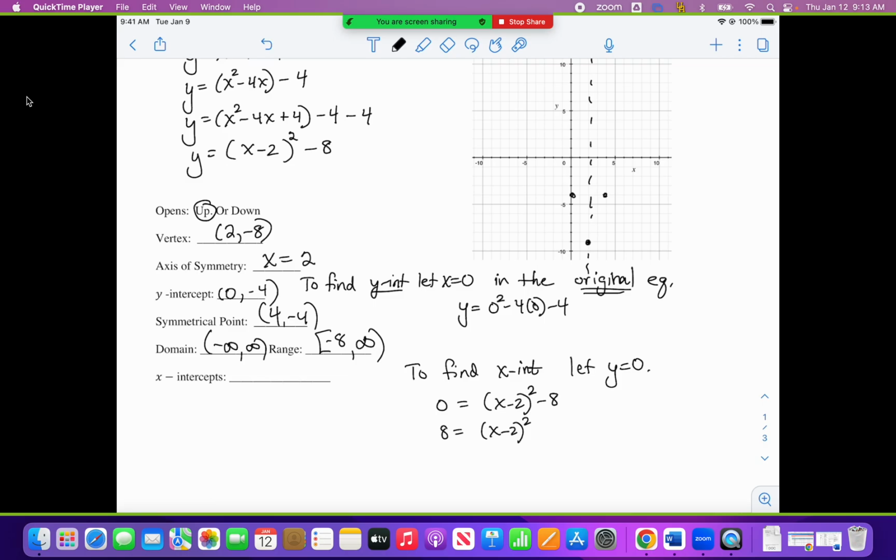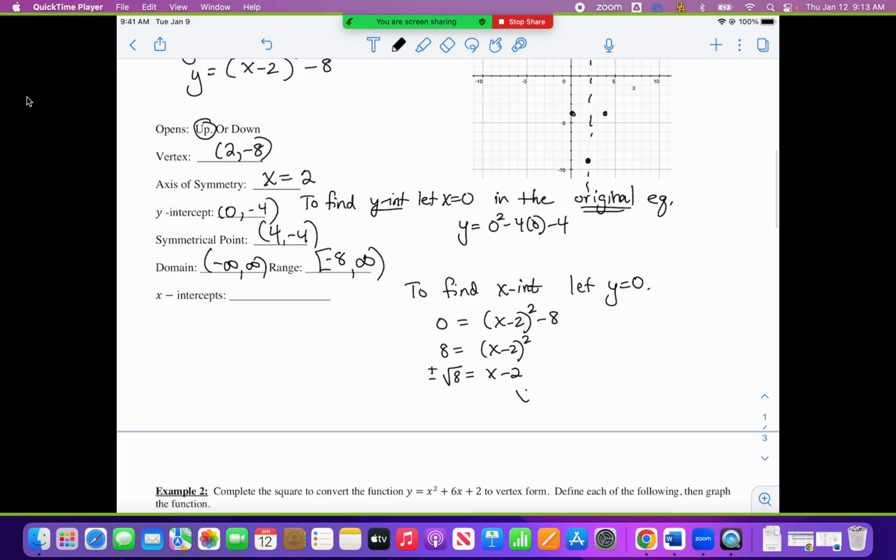And we did this earlier in semester 1. Then do you remember? You do plus or minus the square root of 8 equals x minus 2. And x is 2 plus or minus, and then I'm going to simplify.